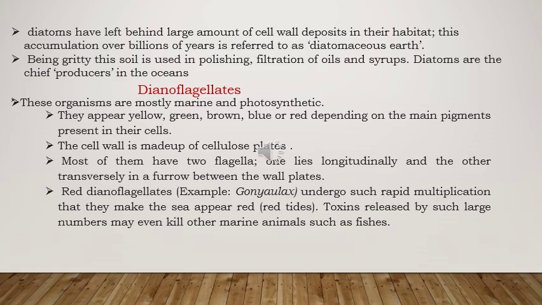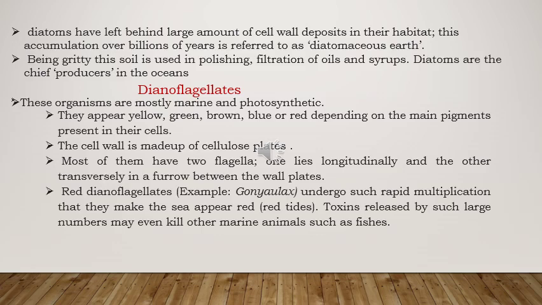These dinoflagellates have mostly two flagella, one that is present longitudinally and the second that is present transversely in the furrow between the wall plates. One is longer and one is smaller in size. The red color dinoflagellates, for example, Gonyaulax, undergo rapid multiplication by binary fission and make the sea appear red.